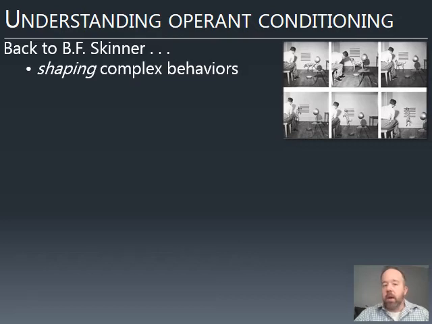Once it learned to do that, he rewarded the pigeon for rolling the ball. And once he did that, then he reinforced the pigeon for rolling the ball into the pins. And so a lot of complex behaviors on the part of animals are learned when animal trainers teach using this shaping technique.